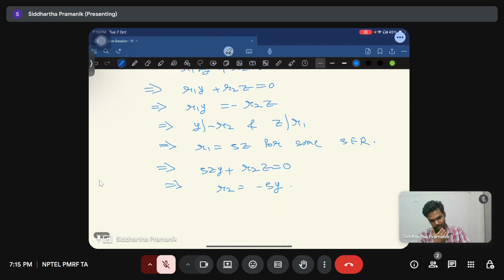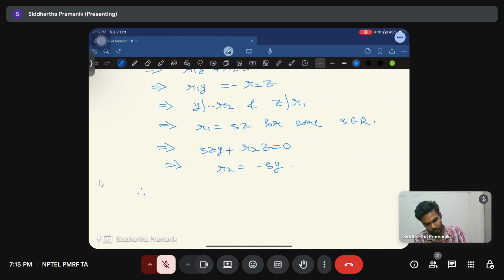So R1 E1 plus R2 E2 is basically some s times (z E1 minus y E2), right?